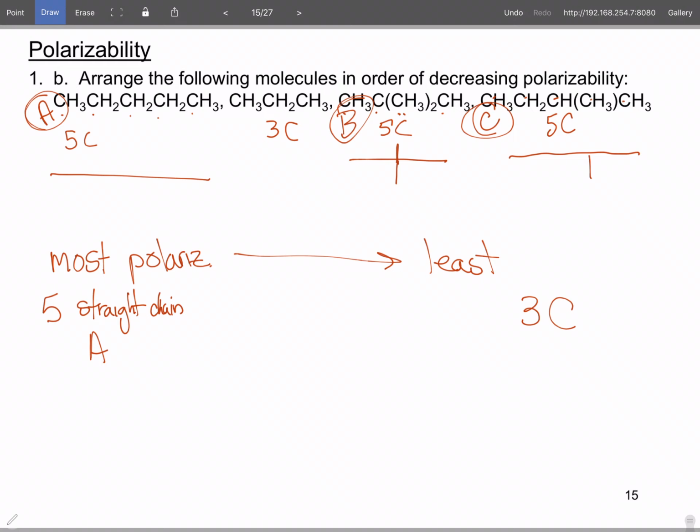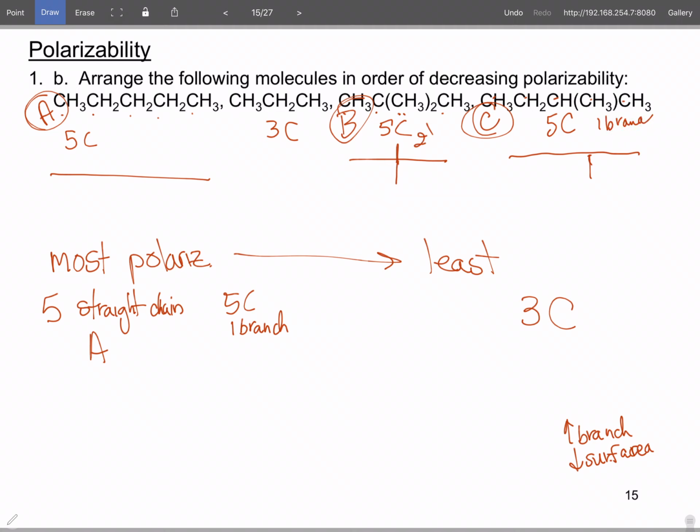All right. So then we have, as you increase branching, remember you decrease surface area. So if no branching has the most surface area, then 1 branch, so that would be 5 carbons, 1 branch.